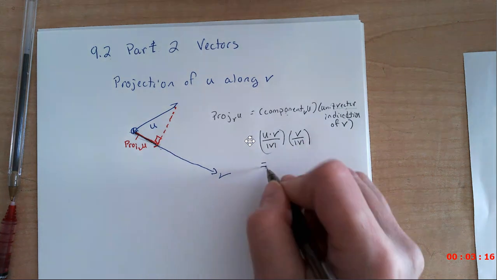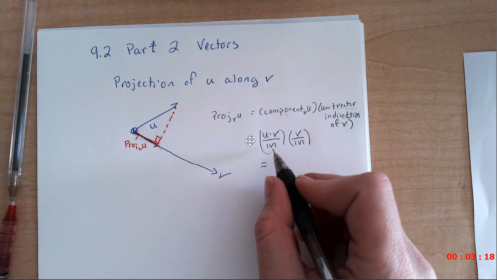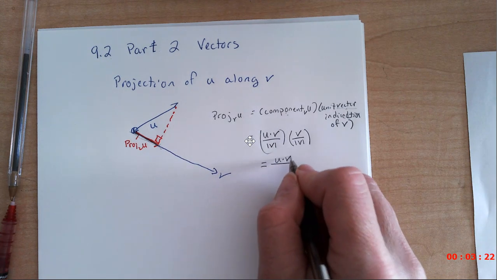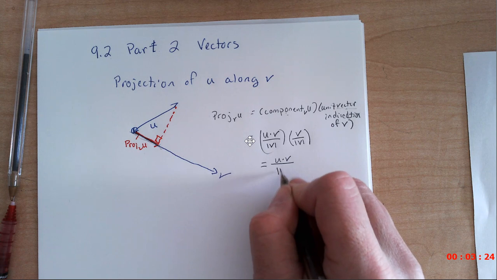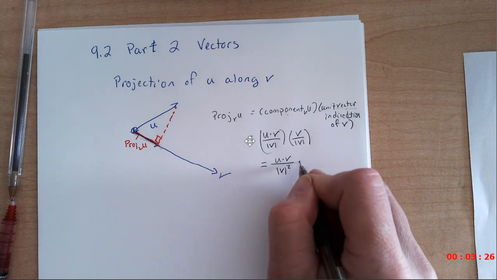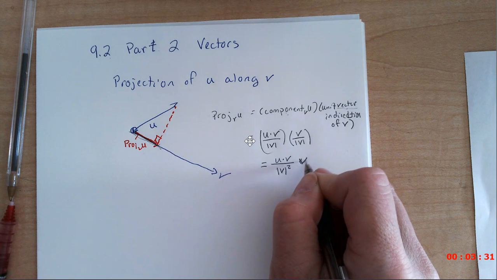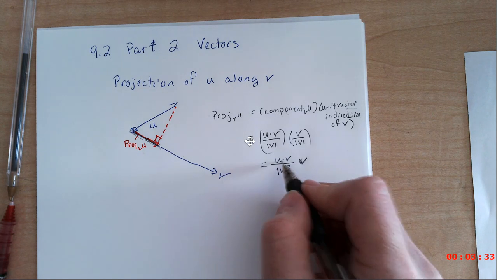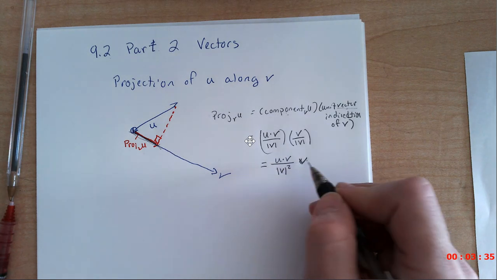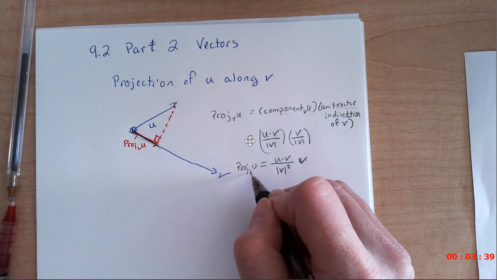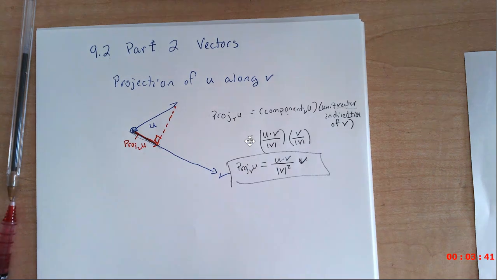And then if we simplify this, the denominator is magnitude of v times itself. And I didn't change the numerator. So that's squared, and it's multiplied by v. I shouldn't put a dot because it's not a dot product, because that's a scalar and that's a vector. So this is the projection of u along v, and we don't have to derive it again because now we have it.